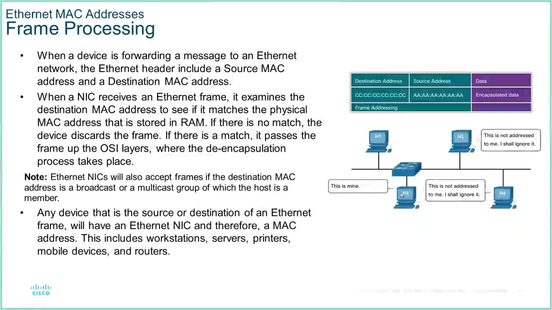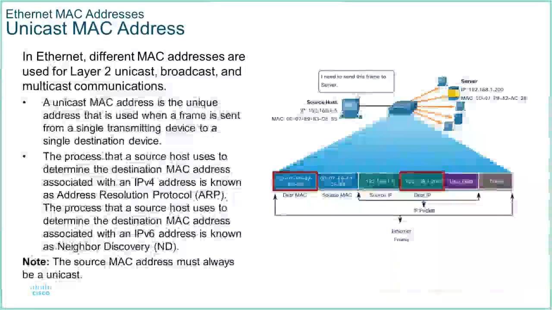H3 picks it up, looks at the destination address, oh, that's my address, so I will action the frame because it's specifically for me to do something with. So it de-encapsulates the frame, passes the data up to layer 3, and then goes back to listening to the cable.